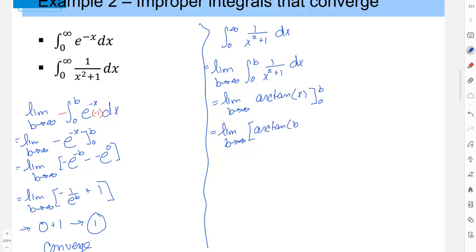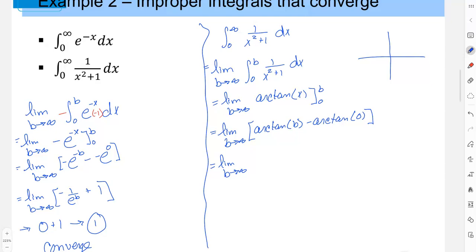Arctan of b minus arctan of 0. Now we know arctan of 0 is 0. The question becomes, what is arctan of b as b goes to infinity? This is where it's going to help to look at the graph of arctan.